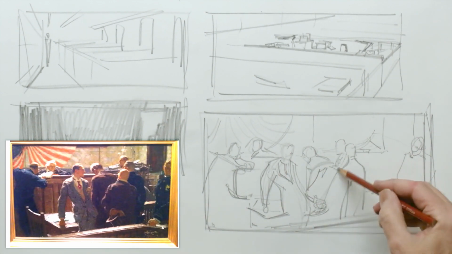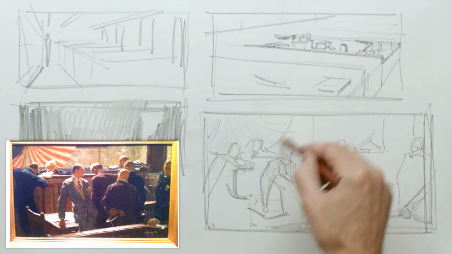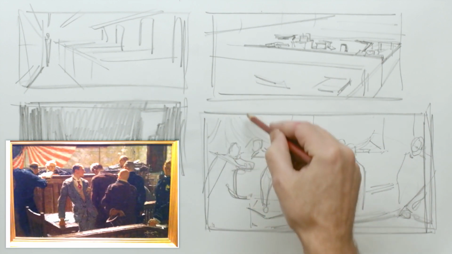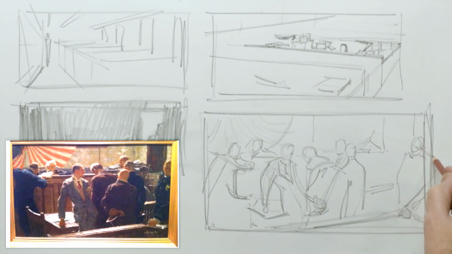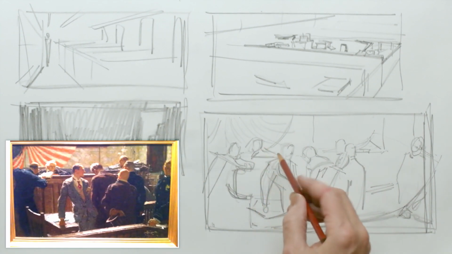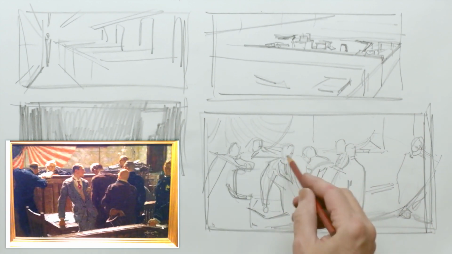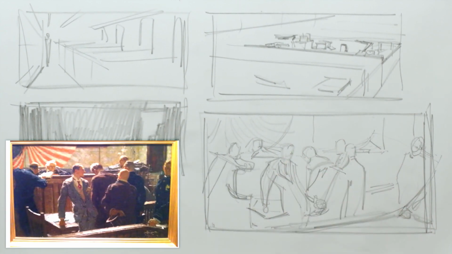So we have these axes, these strong axes that go like this. We have framing elements here. We have all of these lines coming out in here. We have this guy looking over this way, this eye line coming out here, and his hand coming back here, and this coming back in here, up to the table, up to the chair, back up into the judge. The judge's eye line comes back over to this guy. And then these guys are all swirling around. There's a lot of movement in this image, and it all keeps you within the scene.